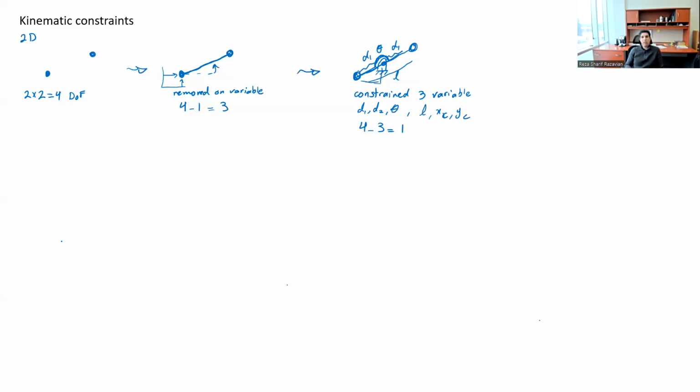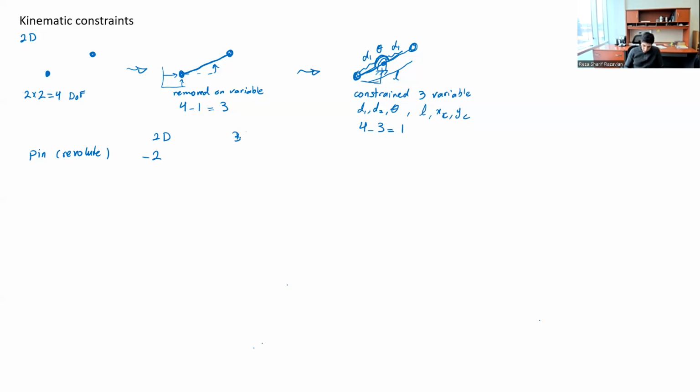So each kinematic object, if I will, such as a joint, does something to the system, reduces the degrees of freedom in a certain way. So a pin joint or a revolute joint, if we are talking 2D, subtracts 2 degrees of freedom from the system.